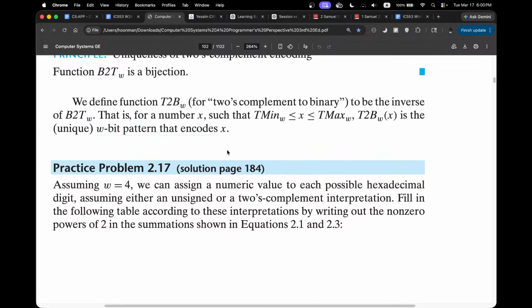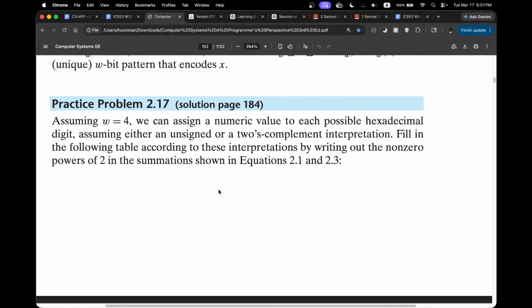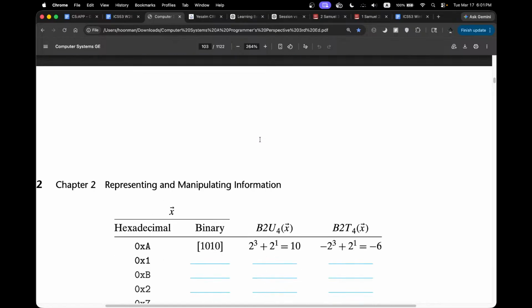Assuming w equals 4, we can assign a numeric value to each possible hexadecimal digit. Assuming either an unsigned or 2's complement interpretation, fill in the following table according to these interpretations by writing out the non-zero powers of 2 in the summation.